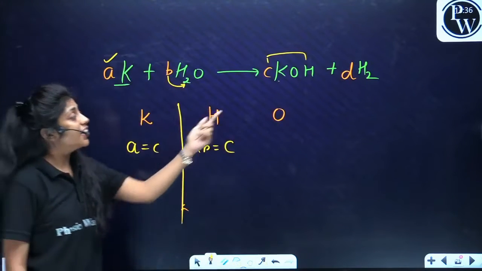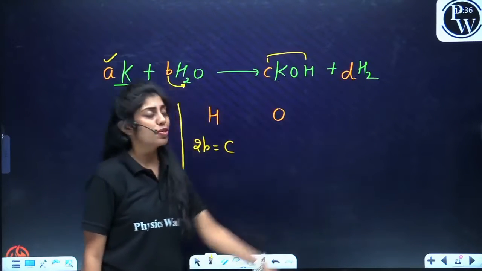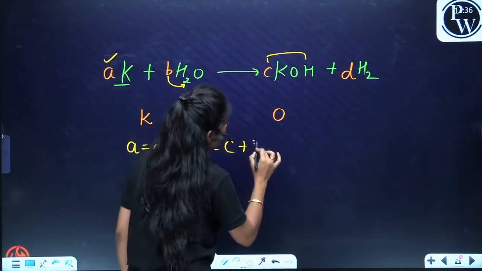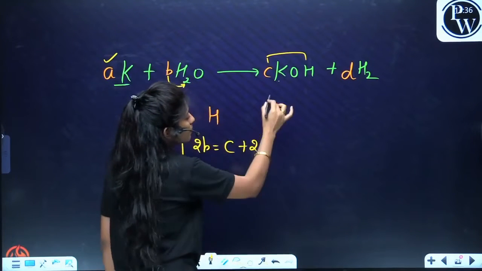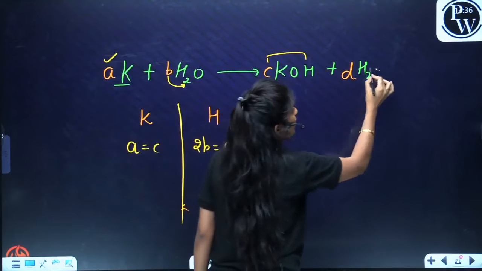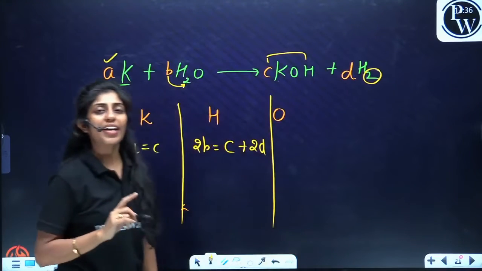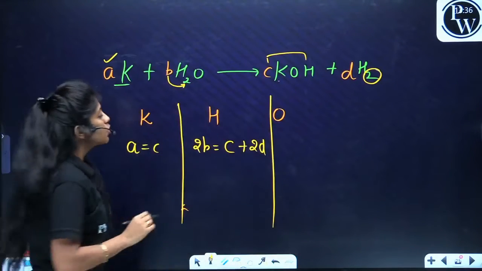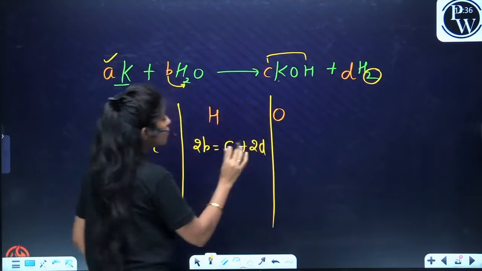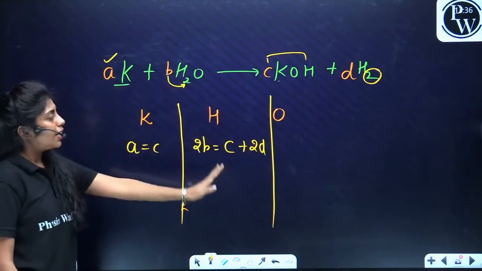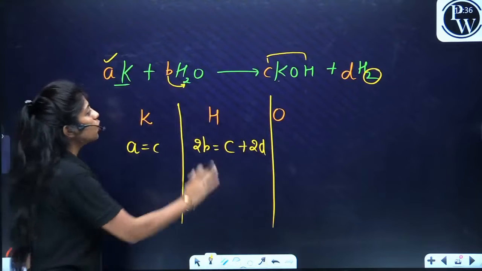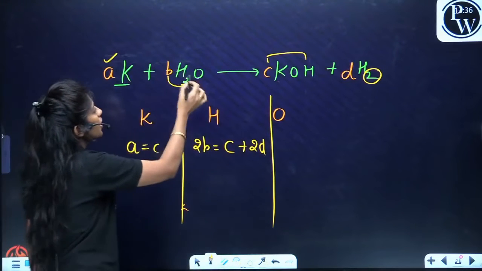Next I see the hydrogen is present with D also. So I will be writing 2D. Why 2D, ma'am? You can see the subscript, that is 2. My dear student, it will be 2D. So basically, I have also written the equation for H. Let's move to oxygen. So oxygen is present with B.